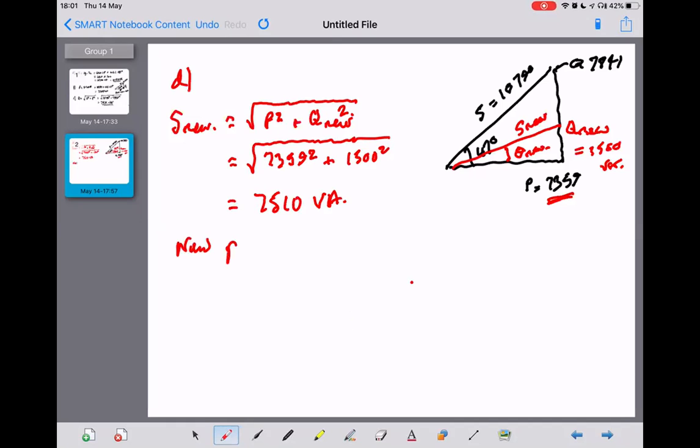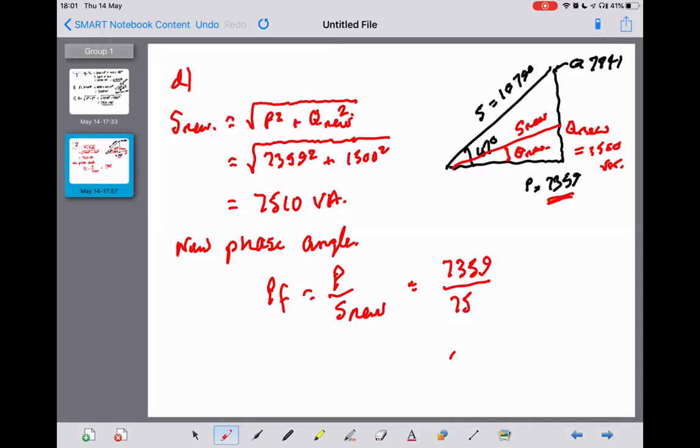So I then did the new power factor would be P over S new, which would then be 7,359 over 7,510, which gave me 0.98.